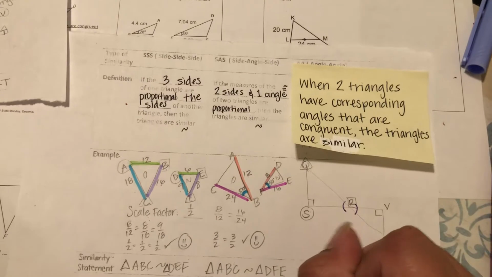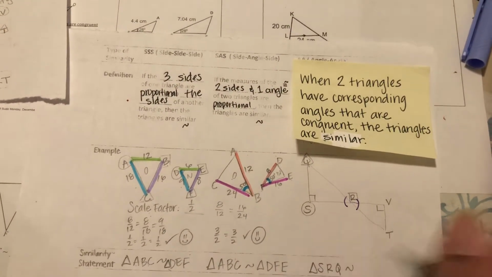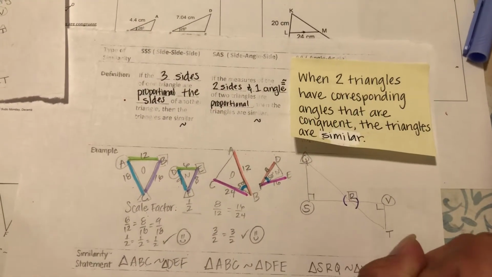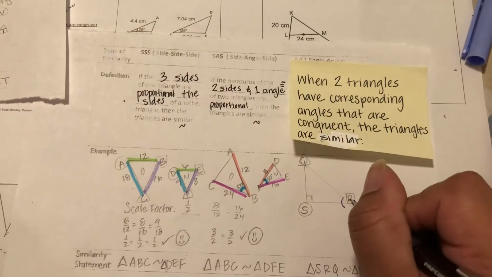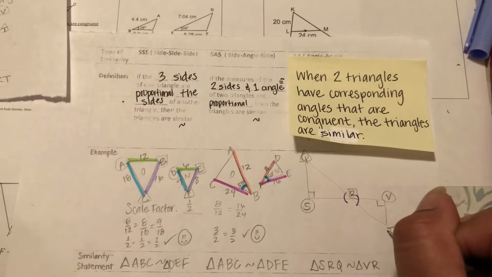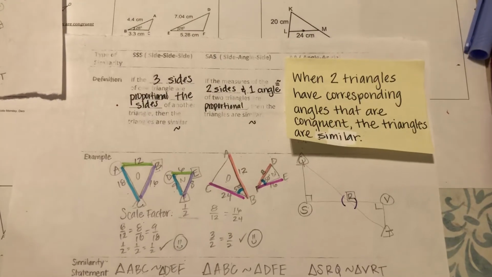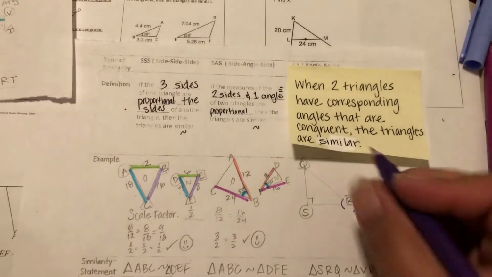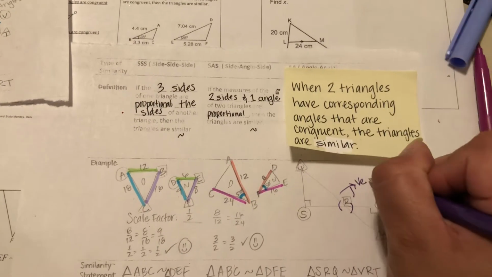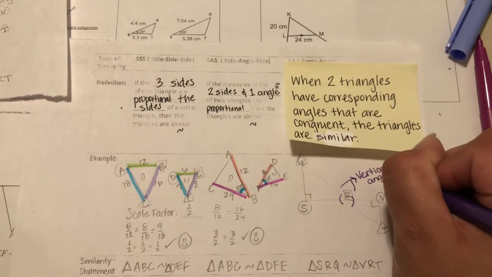So triangle SRQ is similar to triangle V, the 90-degree angle, then the vertical angle R, and the nothing angle T. So remember, vertical angles don't go away. These are vertical angles.